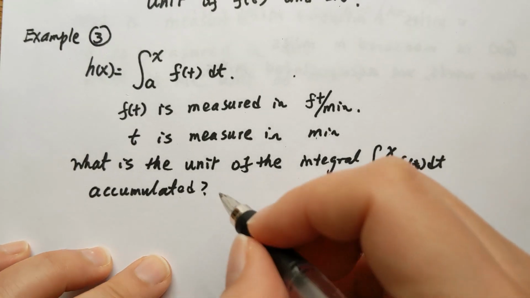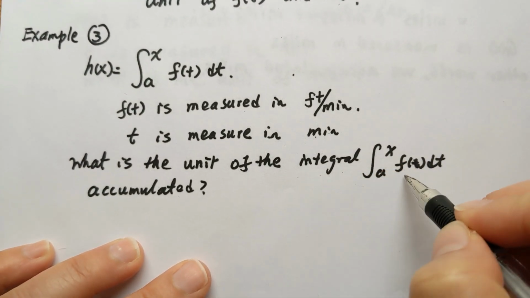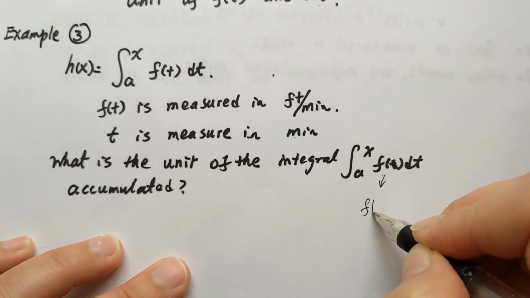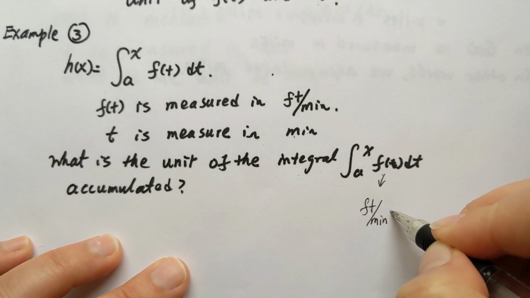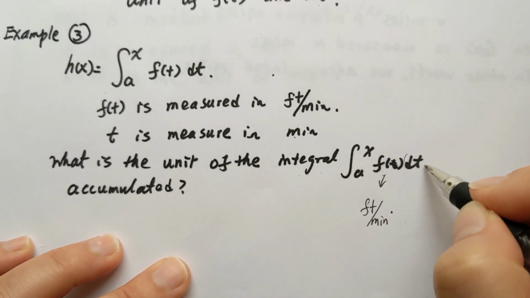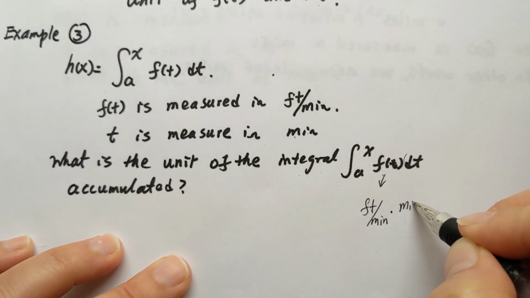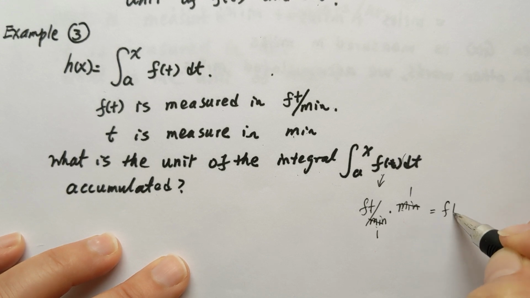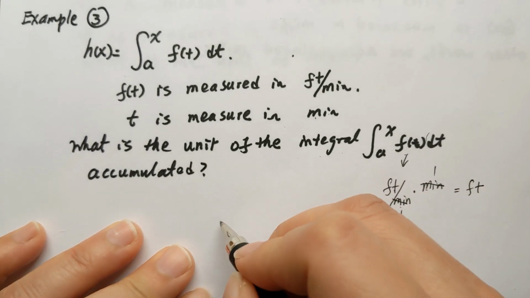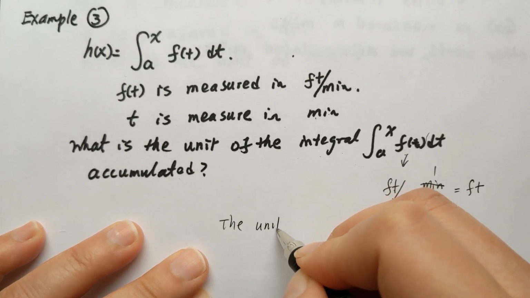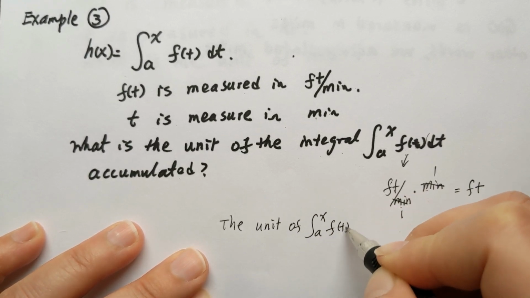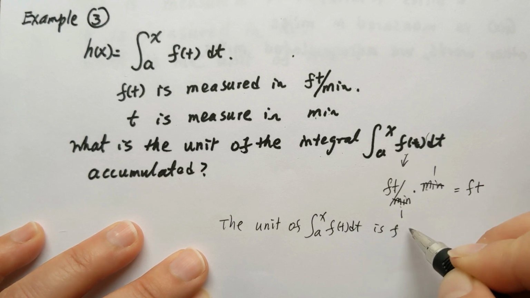We just have to find the unit of f of t, which is feet per minute. And then we find the unit of the time, which is in minutes. The denominator and the minutes cancel, so we get feet. That means the unit of the integral of f of t dt is in feet.